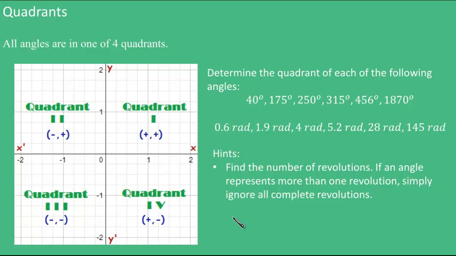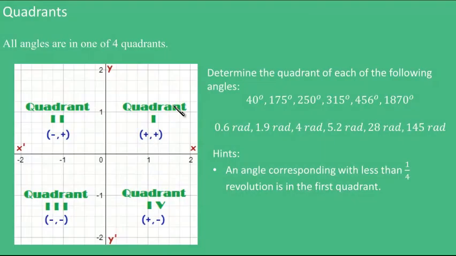So for example, if an angle represents 2.6 revolutions, that's the same as 0.6 of a revolution. 5.7 revolutions is the same as 0.7 revolutions, because every revolution brings you back to 0. So that's 1 revolution, 2 revolutions, 3 revolutions, 4 revolutions, 5 revolutions, and so on.